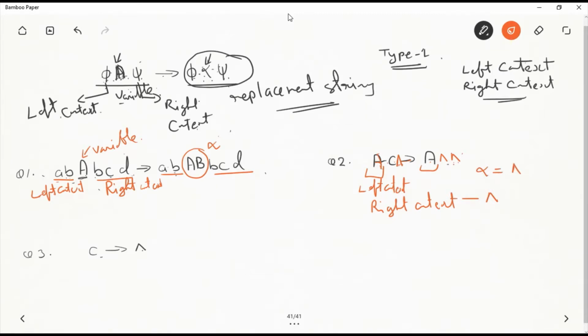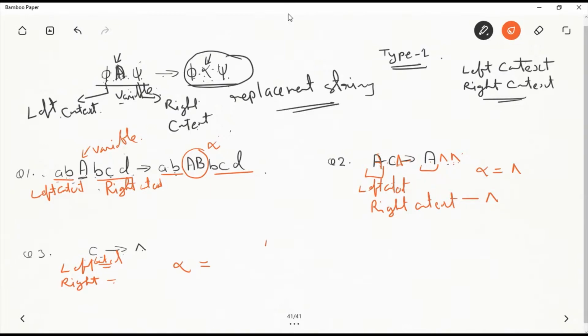Okay. What about this? Left context, right context, and alpha. क्या वैल्यू होनी चाहिए? सर सारा null रहेगा क्योंकि null रहेगा सारा context.